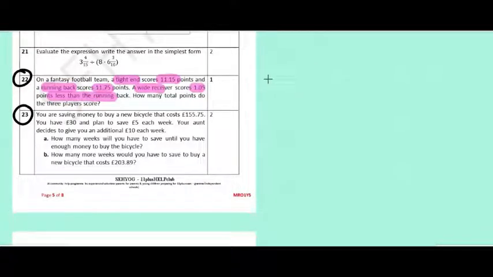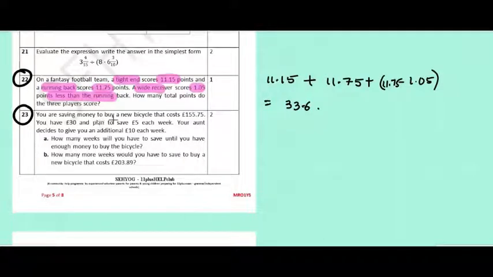So together for the tight end it's 11.15 plus for the running back 11.75 plus for the wide receiver it is 1.05 less than the running back. So 11.75 minus 1.05. When we total it and subtract 1.05, finally we will get the answer 33.6.